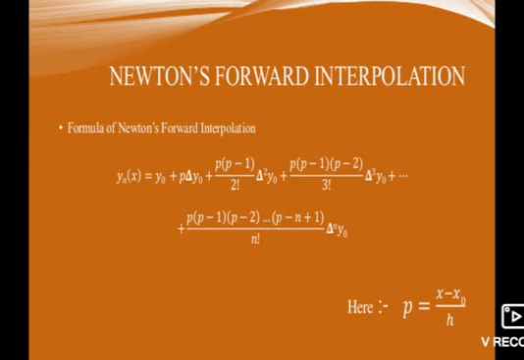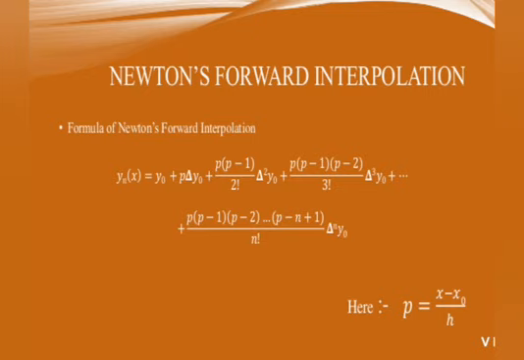Here x is the value we are going to interpolate, 0.15, x naught is the initial value, the first value in the table, and h is the common difference of the x values.